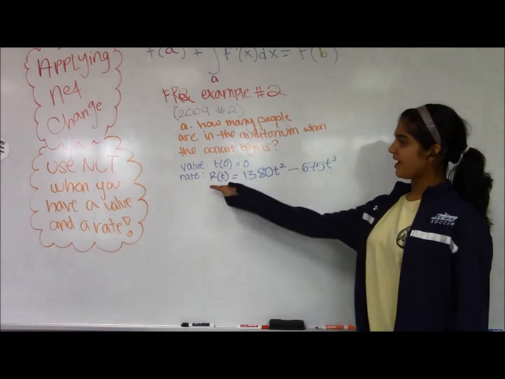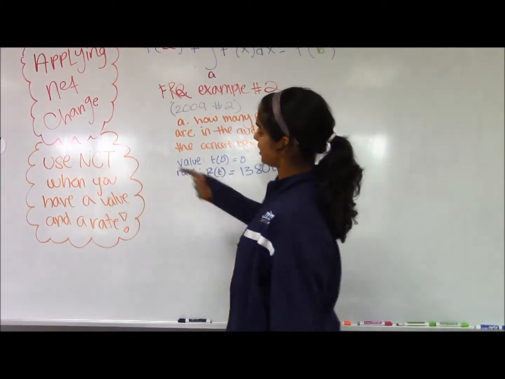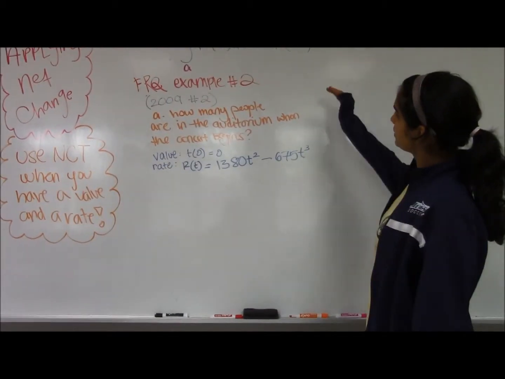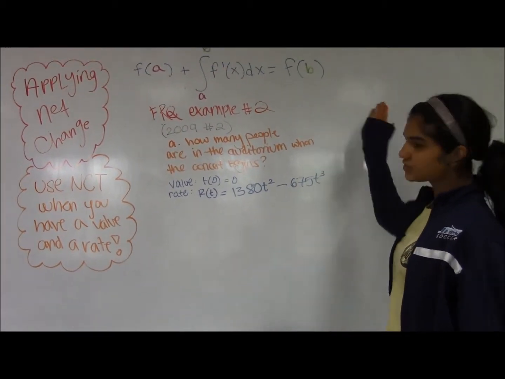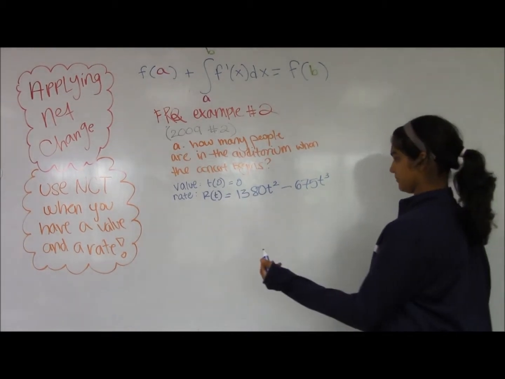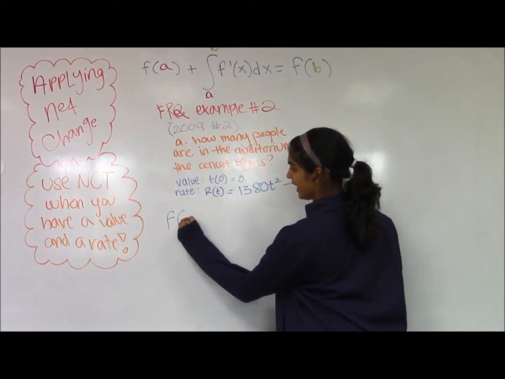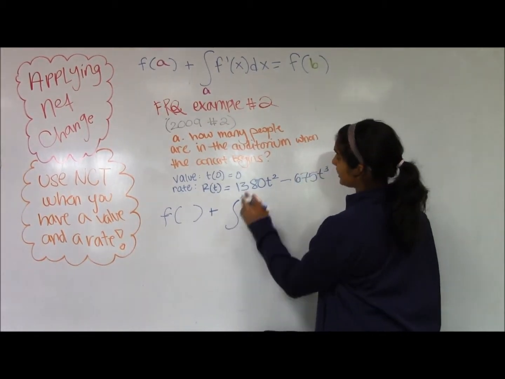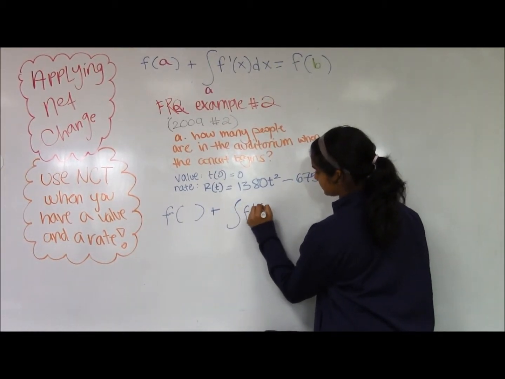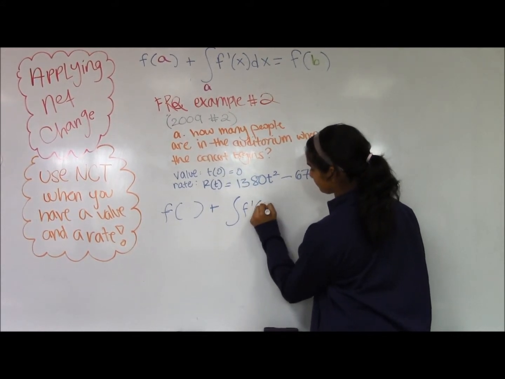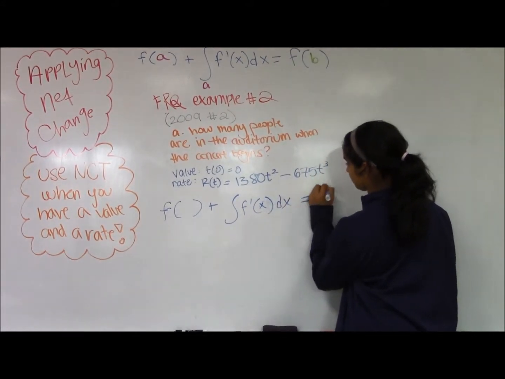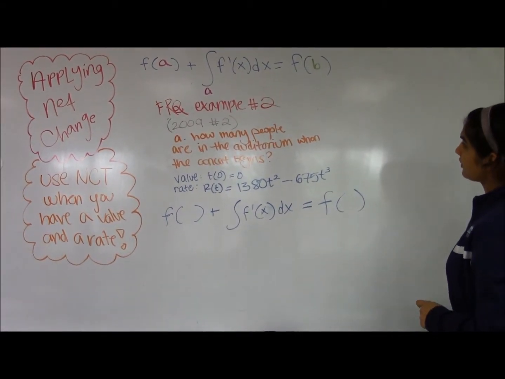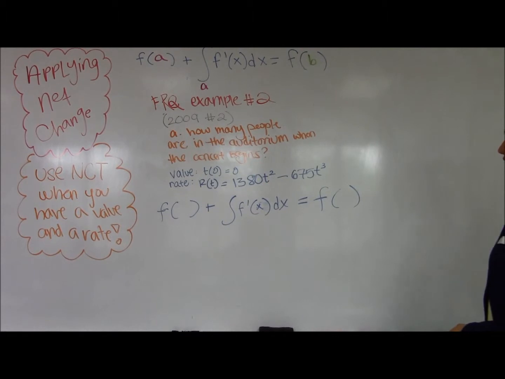And so you know when you have a value and a rate, you use net change theorem. So we're going to use net change theorem. And refer back to this formula above or to your brain for the equation. So you have the f of a plus the integral from a to b, and we will determine those bounds very soon. So it says how many people are in the auditorium when the concert begins.